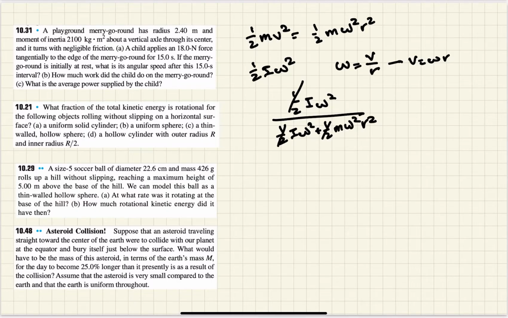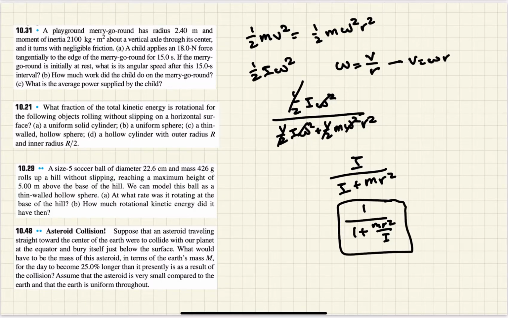Halves cancel off nicely, and the omega squares also cancel off. It's just I over I plus mr squared. Now, you could simplify it a bit by dividing the numerator and denominator by I. We're left with 1 over 1 plus mr squared over I. And that's going to be your formula.